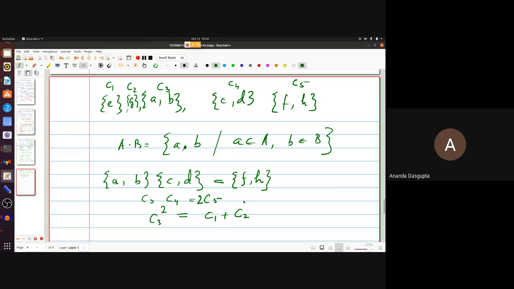Here, in C3 squared, C1 comes twice, C2 comes twice. A times A is E, that's C1. B times B is E, that's C1. So that's 2 C1. How many times does C2 come? A times B is G, B times A is also G. So that's 2 C2. Got it?